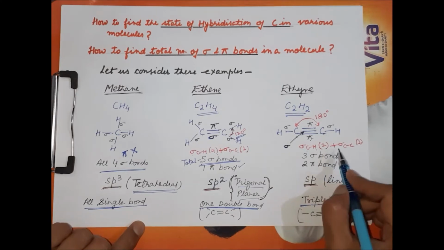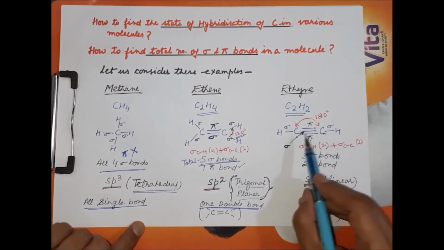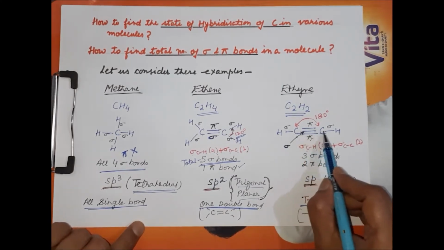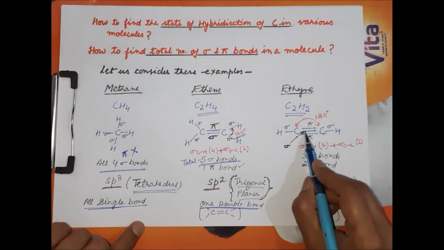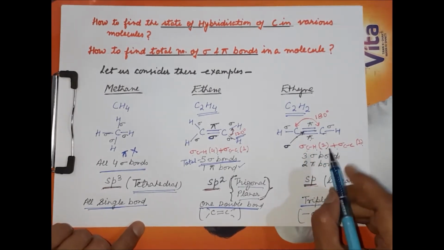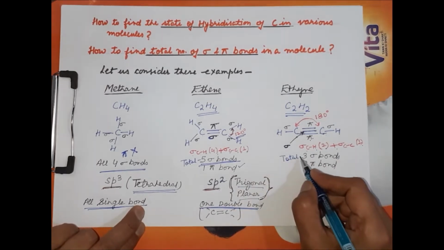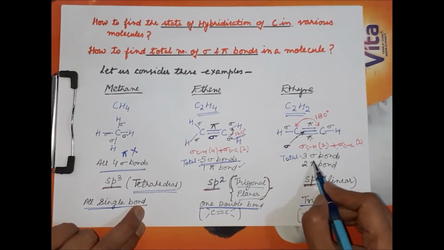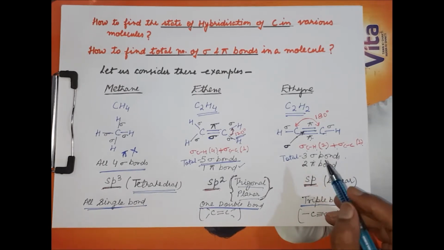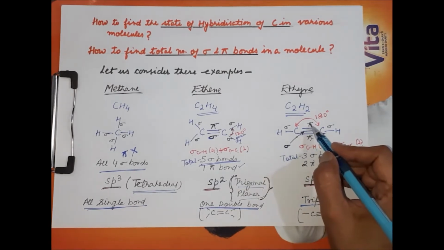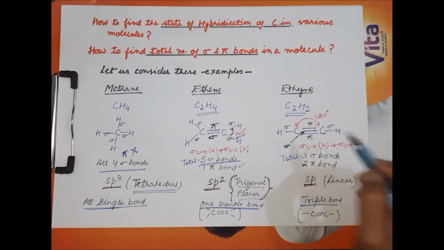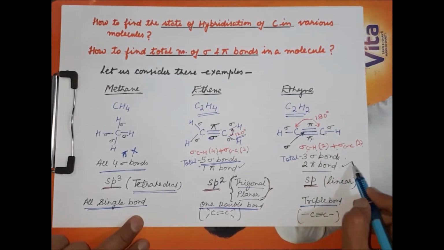This is 2 plus the sigma bond between the 2 carbon atoms, which is 1 because this one is only sigma. So the total number of sigma bonds here is 2 plus 1, 3 sigma bonds. And how many pi bonds? This one above and 1 below, so 2 pi bonds are there.